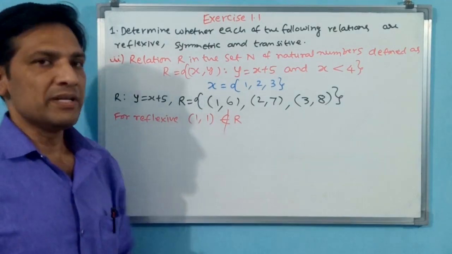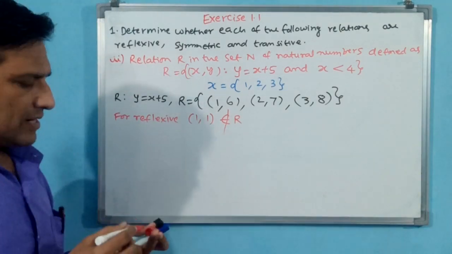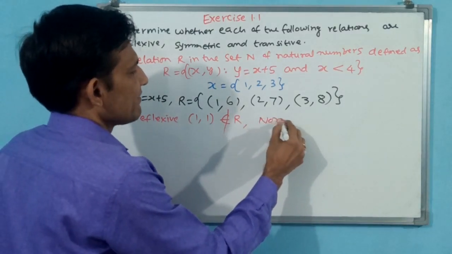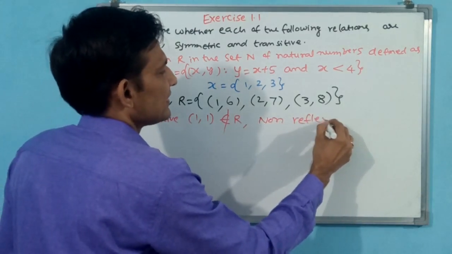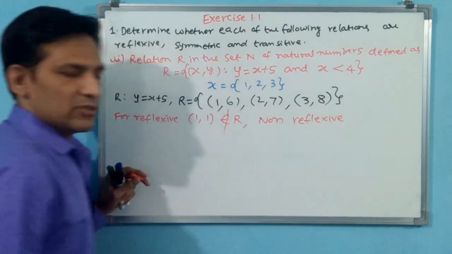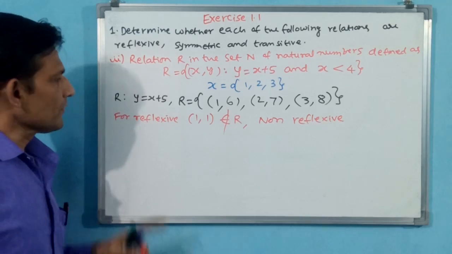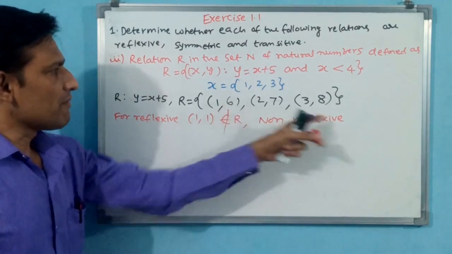Then only it will be reflexive. Then what is it going to become? This is going to become non-reflexive relation. Okay, non-reflexive. You write the relation also. Why? Because 1, 1 is not there.